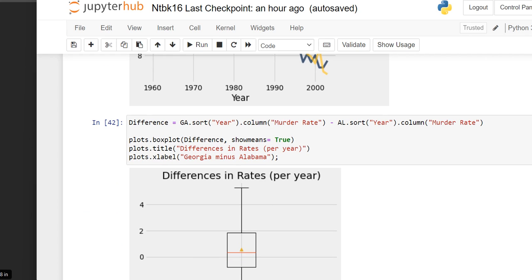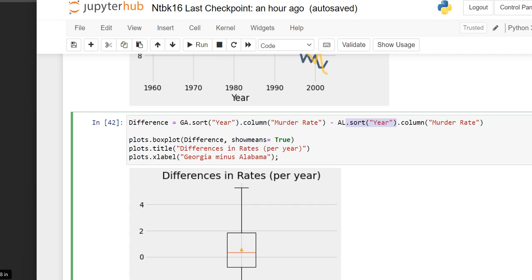I also want to point out a couple of things. Notice that the Georgia data is sorted by year and the Alabama data is sorted by year. Why? Well, this is matched pairs. To make sure that we're matching the correct year, we're not comparing 1960s Georgia to 1980s Alabama, right?